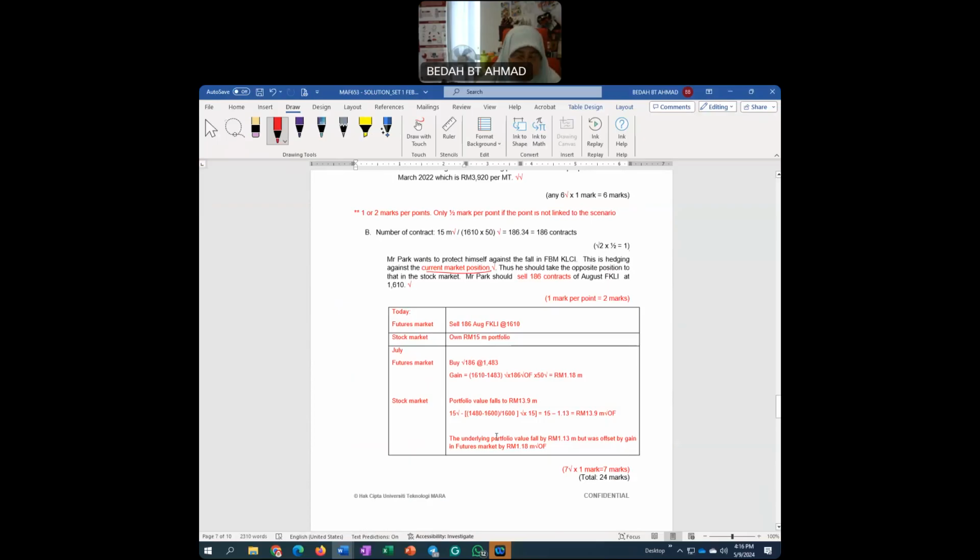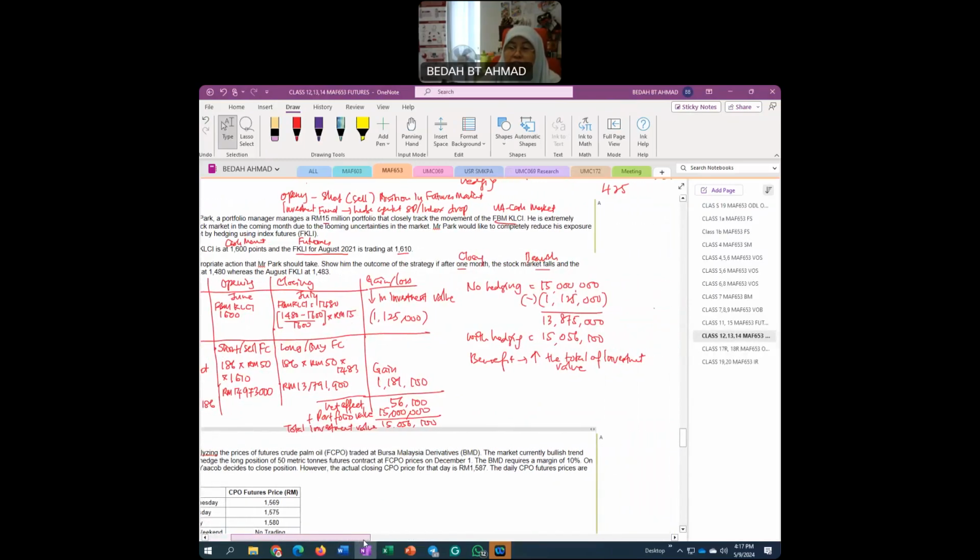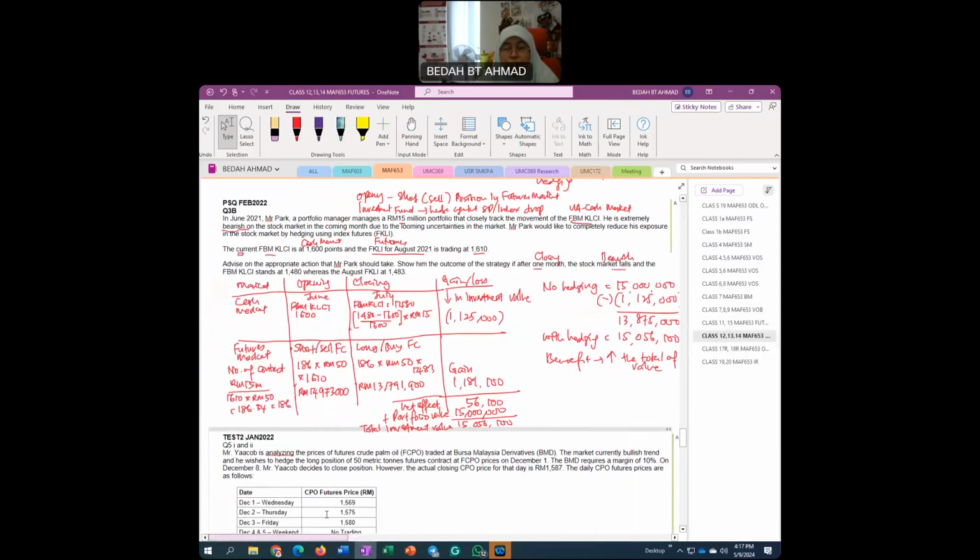So now the investment increases from 15 million to 15,056,100 with the hedging. Okay, so that is one of the example past semester questions, February 2022.